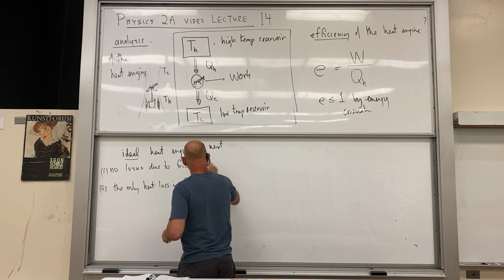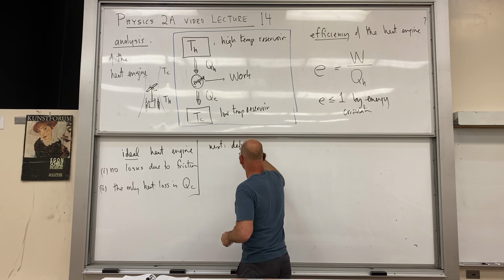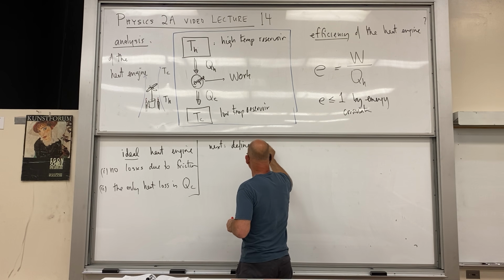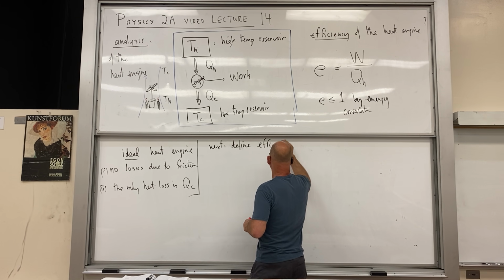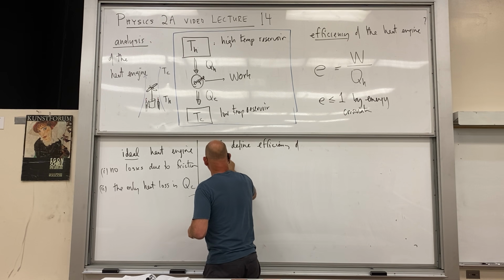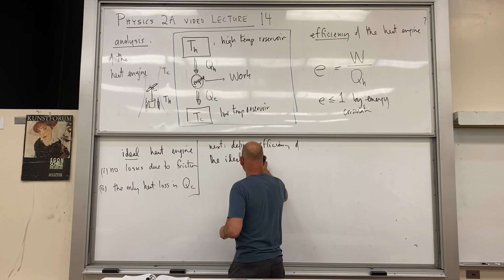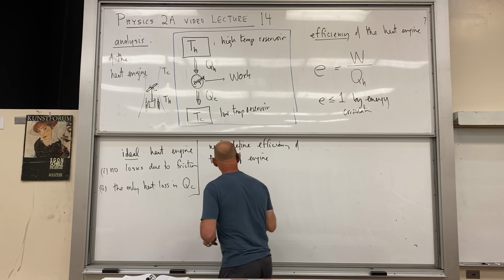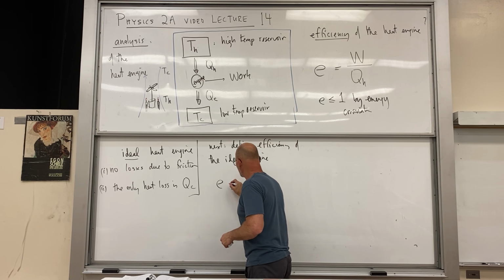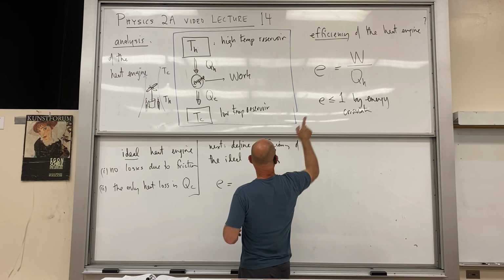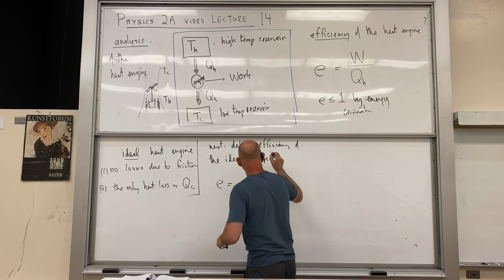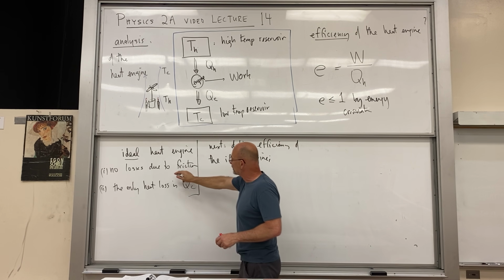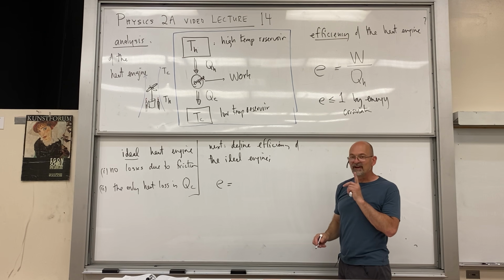So now what we can do is define the ideal efficiency of the ideal engine. That would be E, and I'm not going to give it another subscript. It would be the work divided by QH, but let me put this here first. For the ideal engine, if there are no losses due to friction, we're talking about energy conservation.